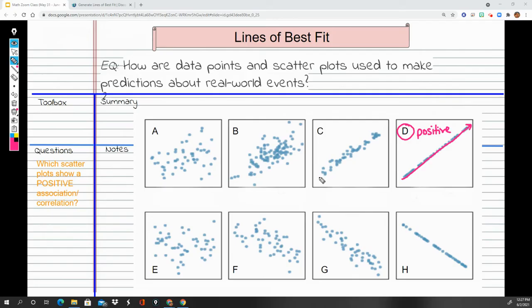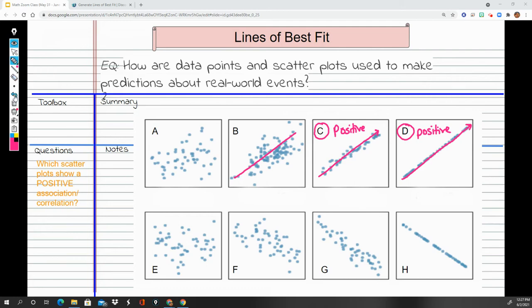And I think you could argue this one is positive, and then that this one is positive. It's a little harder to tell. I'm not convinced that is the line of best fit, so I'm going to try it again.